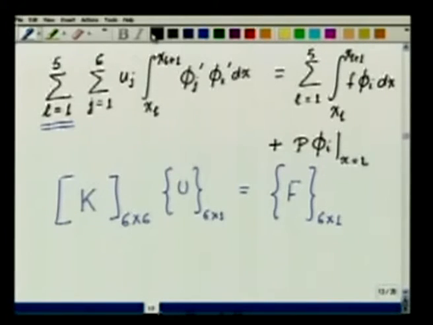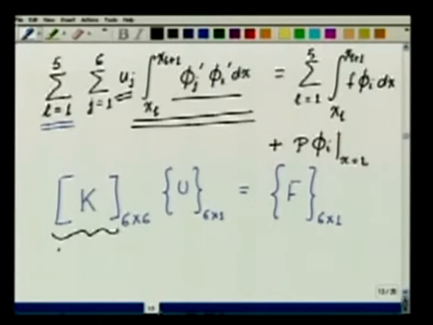This matrix comes from this expression under the integral obtained over the whole domain. What are these U's? The entries or the elements of this vector U are nothing but these coefficients Uj. This matrix, as we had introduced earlier, is given a name. It is called the global stiffness matrix.